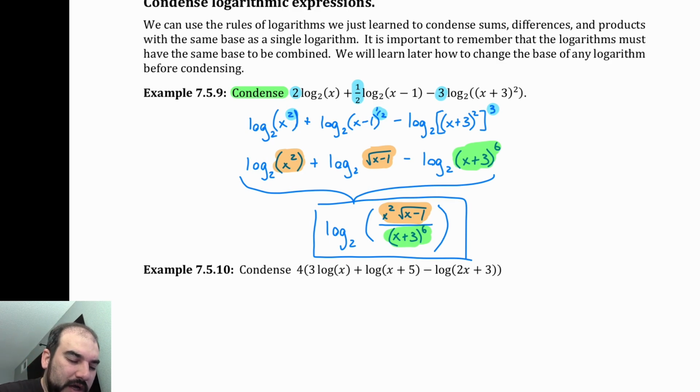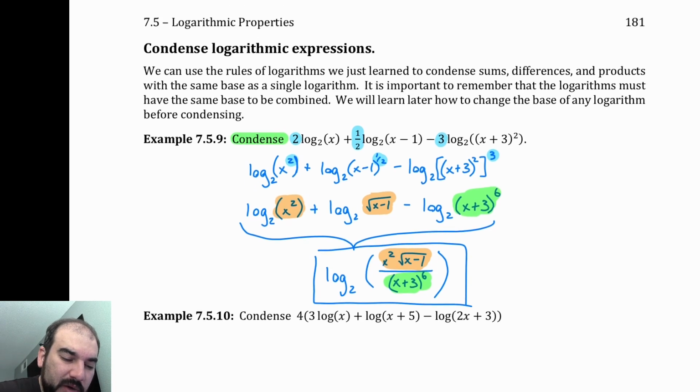Note that this first log, I said any positive log, such as this one, goes in the numerator. Note that this first one is also a positive log because there is no negative sign in front of it, right? There's just a 1 in front of here, and that's a positive 1. So that expression inside of that log will end up in the numerator.